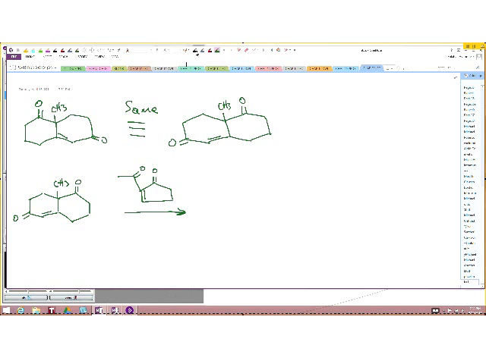Supposing I take this here, and then I do a Michael addition. Step 1 and step 2, I do a Michael addition. What do I get? I get this.